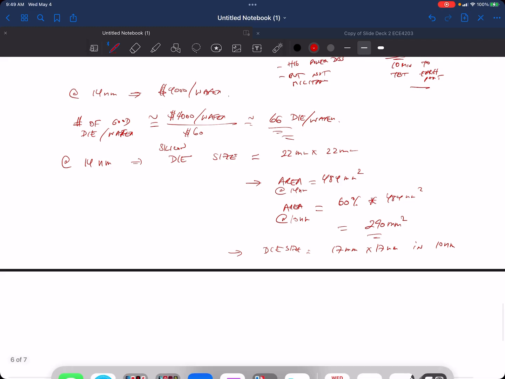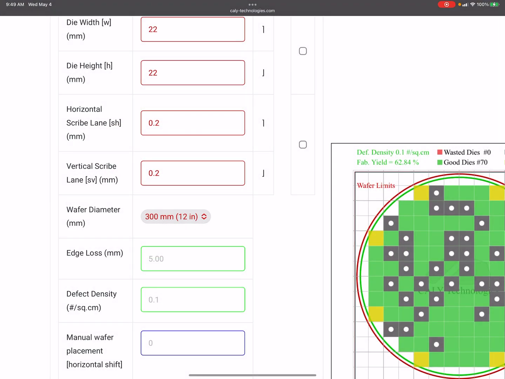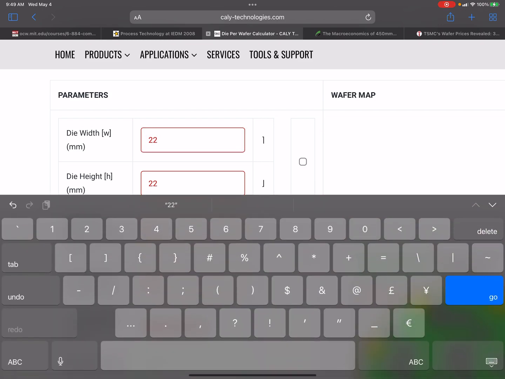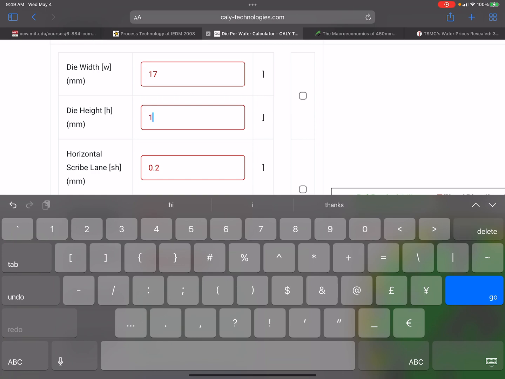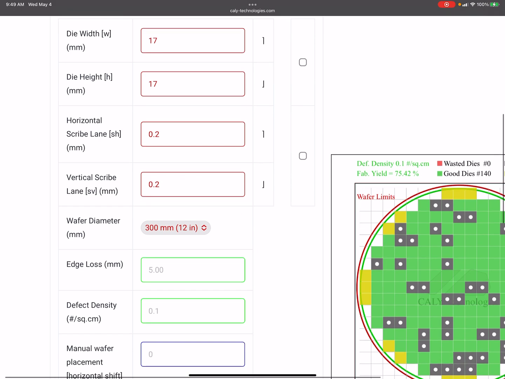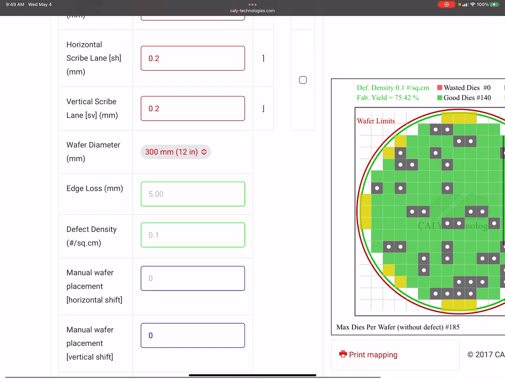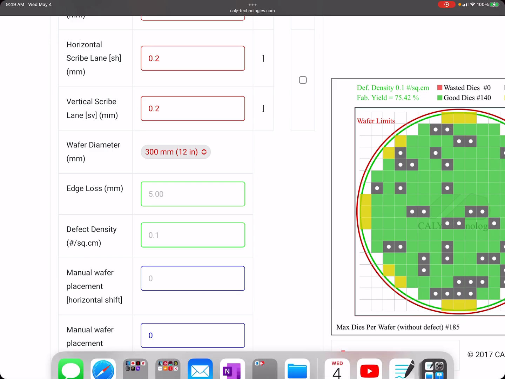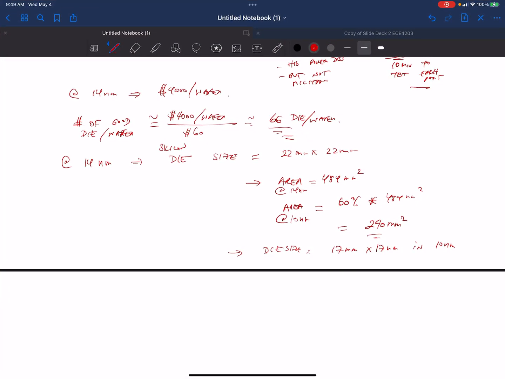Okay, so I will stick this in here. And we get a number of good die of 140, as you guys can see. So this gives 140 good die per wafer in the 10 nanometer process.